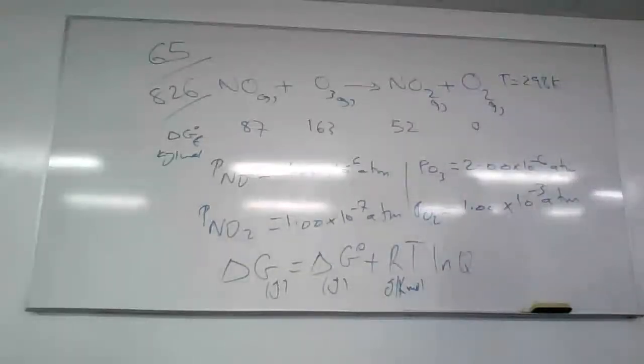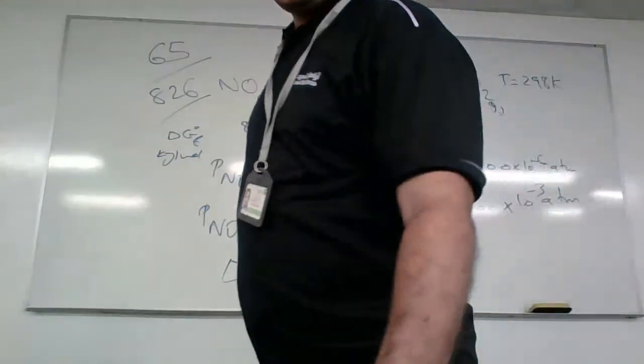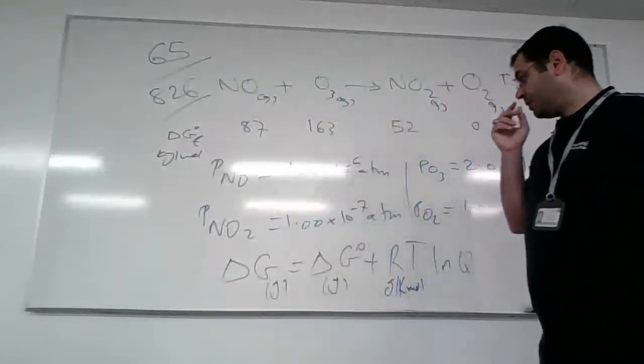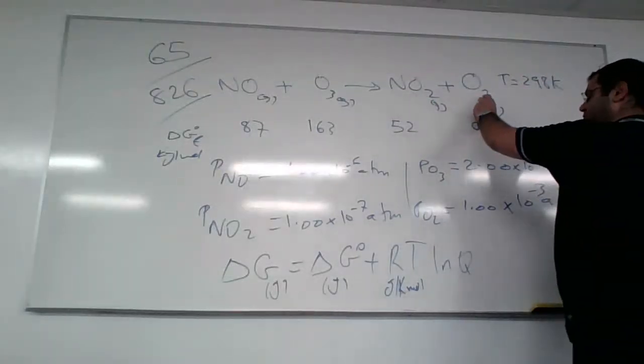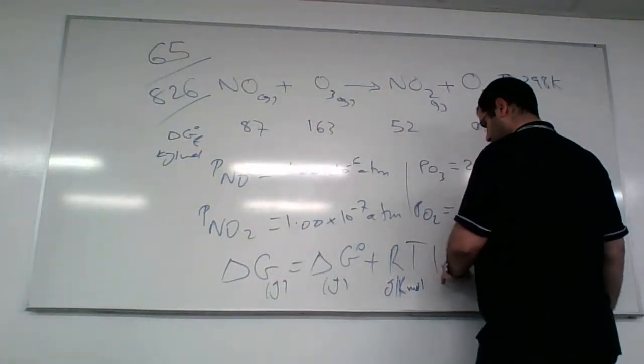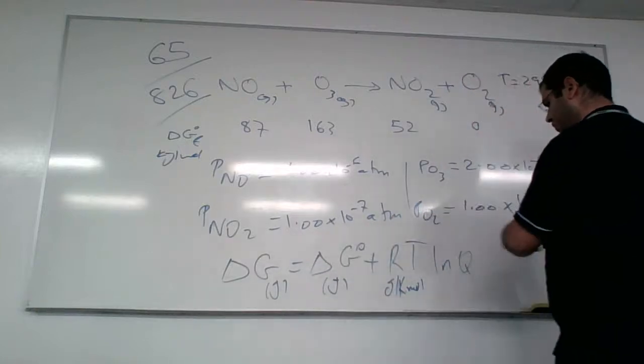Of course, the product over reactant pressures, pressure of NO2 times pressure of O2 over pressure of NO times pressure of ozone O3, you will get the value of Q. You don't have to calculate it and plug it in. You can do the whole equation in one lot.